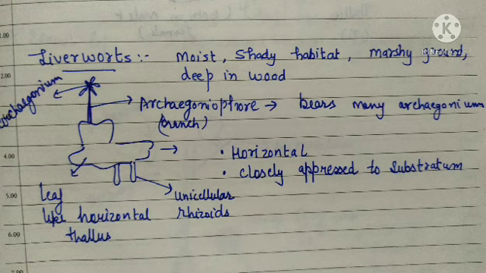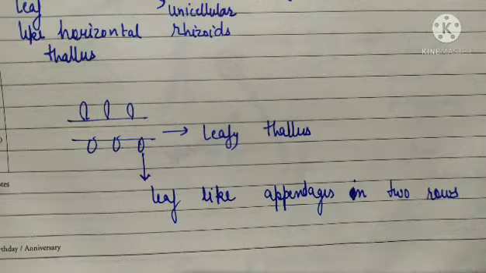Marchantia is the most common example of liverwort, and the body is dorsoventrally flattened, means from the dorsal side and from the ventral side the body is flattened, leaf-like flattened. The root-like structures are referred to as rhizoids, and these rhizoids are unicellular, single cell. So this is the important feature in liverwort, that rhizoids are unicellular. However, in mosses you will learn that the rhizoids are multicellular.